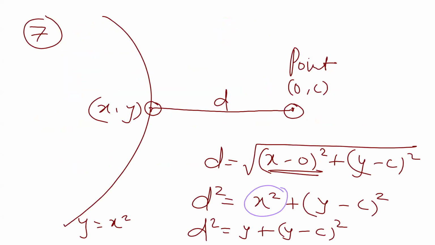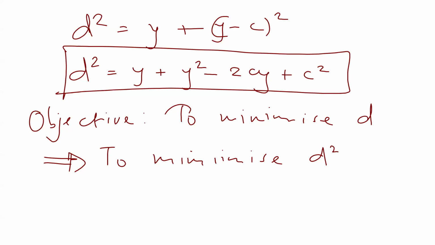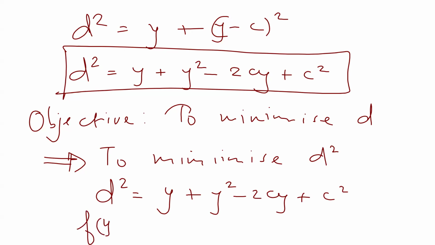If you don't want to write that step, minimize d square, then unfortunately you will have to incorporate root in the solution, which is not advisable. So d square is what? Y plus y square minus 2cy plus c square. So this becomes your f of y.